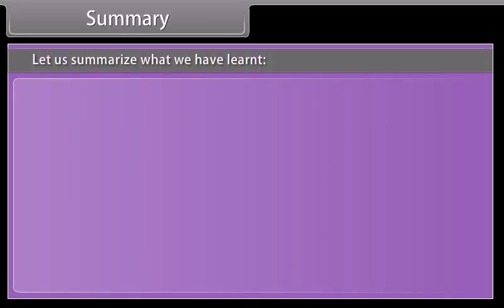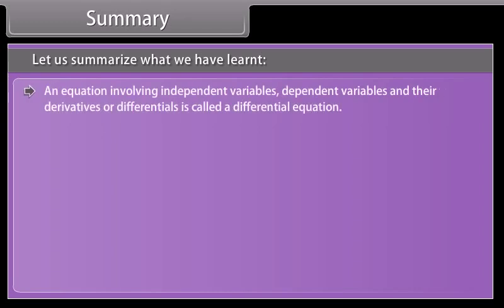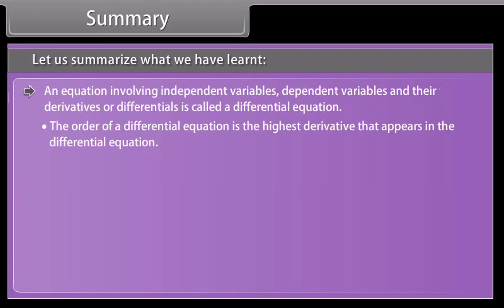Summary. Let us summarize what we have learned. An equation involving independent variables, dependent variables, and their derivatives or differentials is called a differential equation. The order of a differential equation is the highest derivative that appears in it.